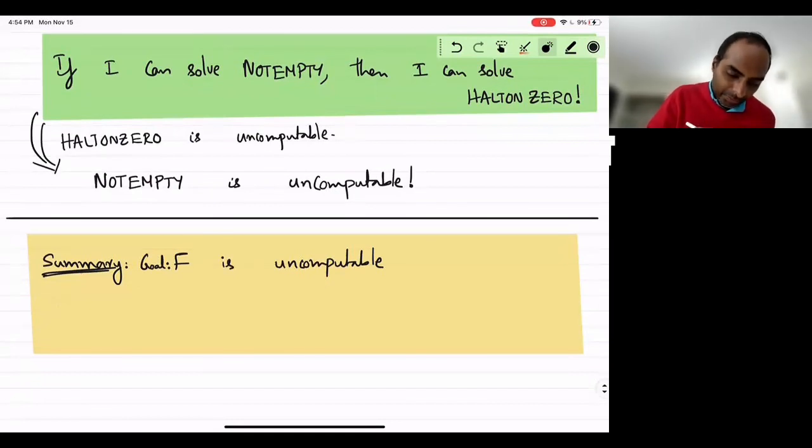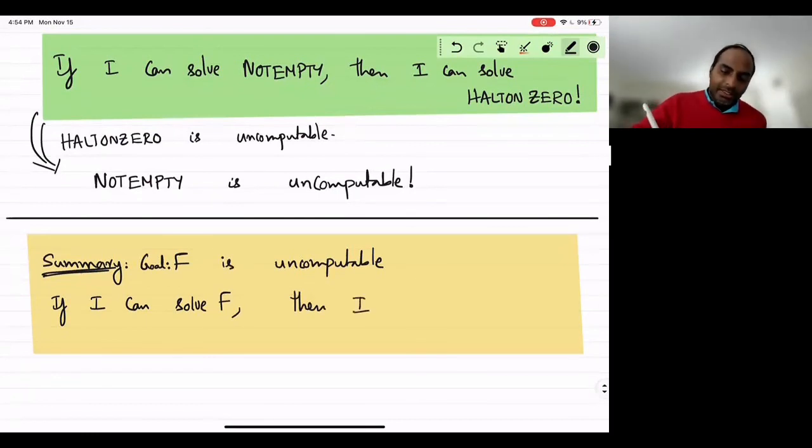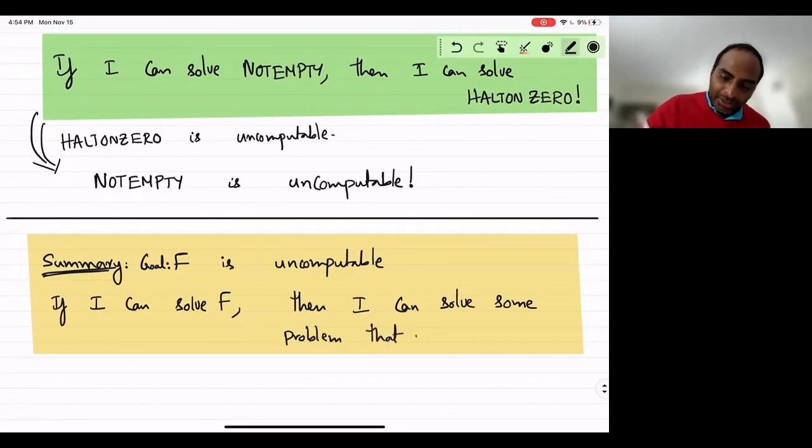Then what you show is the following: if I can solve F, then I can solve some problem that we know is uncomputable.